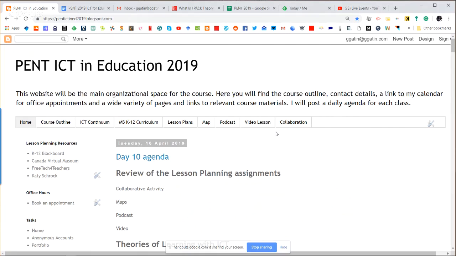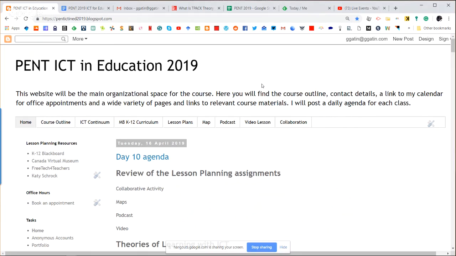So we know that we can present things on multiple channels, though. We can present them in a visual channel, which is mostly text. We can present them in an auditory channel, which of course is podcasting. We can present things in a video format. So we're going to try to figure out a way to use the appropriate technology to teach a specific task or a specific subject area.